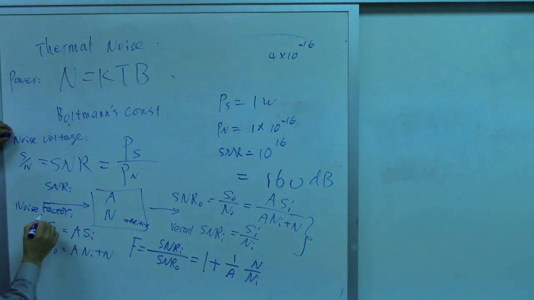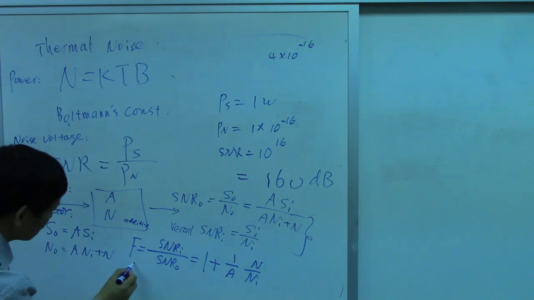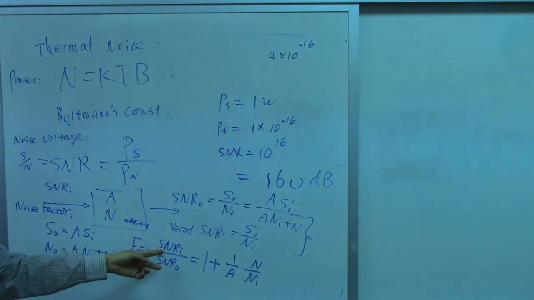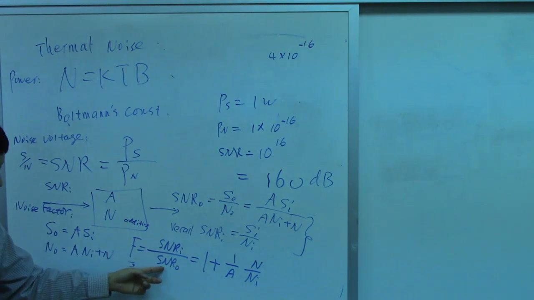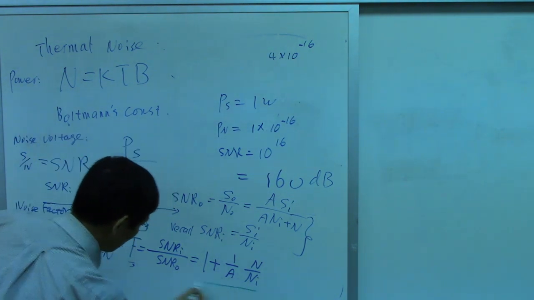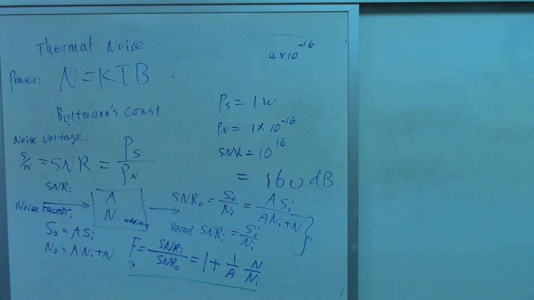Noise factor, so that's F here, right? This F is the noise factor. Definition is the input signal to noise ratio divided by the output signal to noise ratio. Okay, now let's comment on this formula, the noise factor. Is this larger than 1, less than 1, or equal to 1?